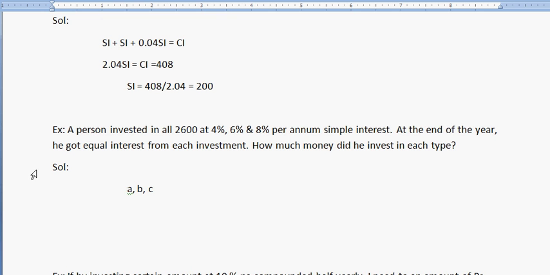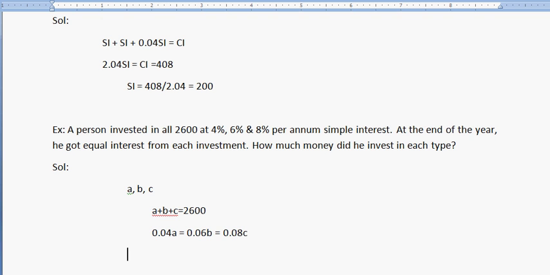So let's do it. Let's say we invest A, B, C at 4, 6 and 8%, which means A plus B plus C is 2600, because the total amount invested is fixed. Now the interest garnered on 4% would be 0.04A, into 1 obviously, which is equal to 0.06B, which is equal to 0.08C.